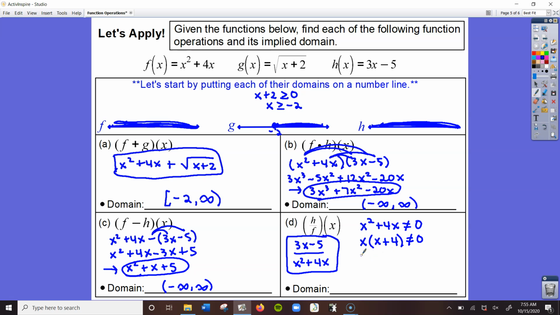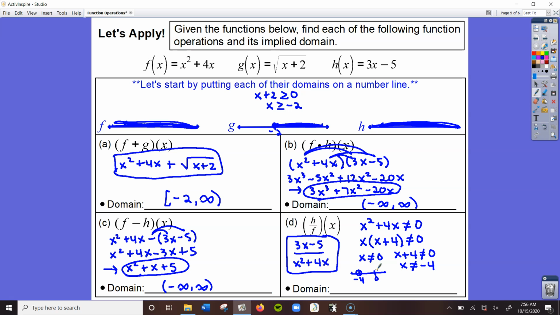Now that I have my factors, I would set each factor individually to not equal 0. For this first one, x cannot equal 0. That is one of my answers. And for the second one, x cannot equal negative 4. So these are my two conditions, which again I can put on my number line.